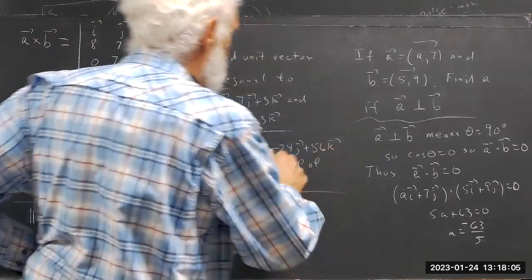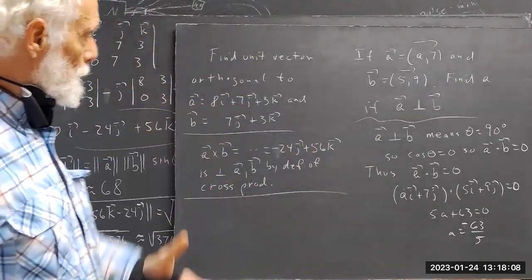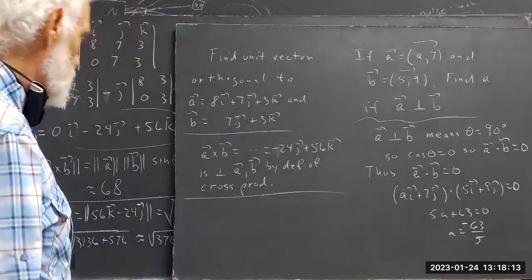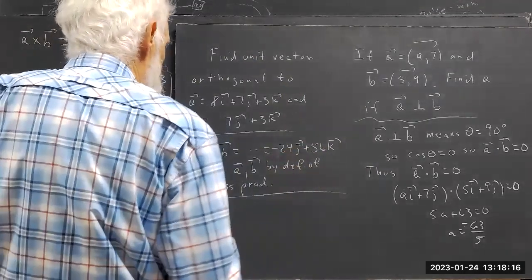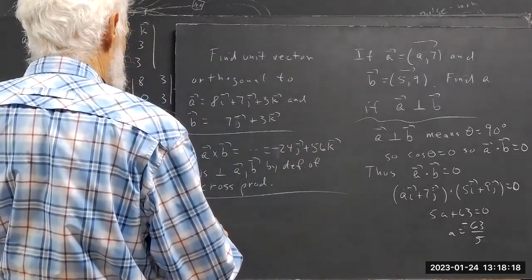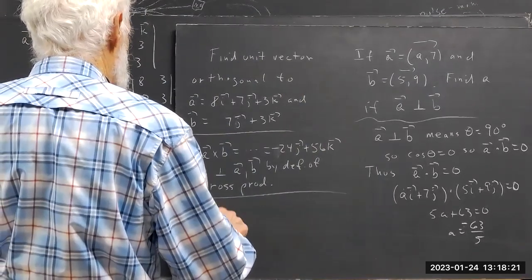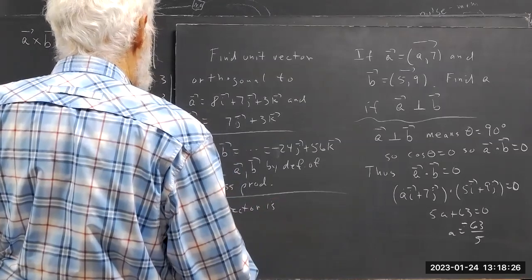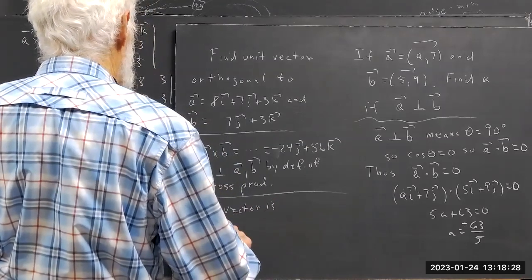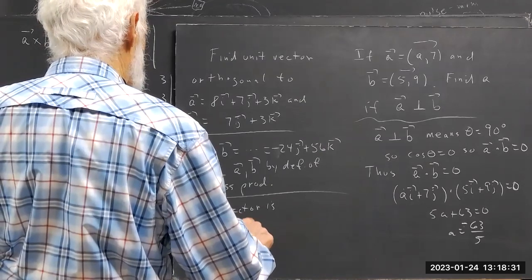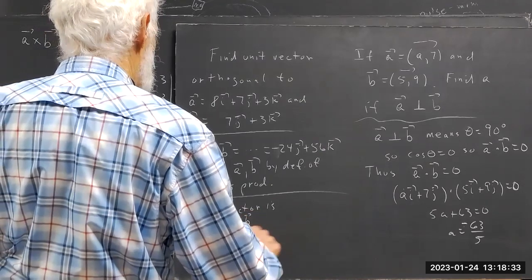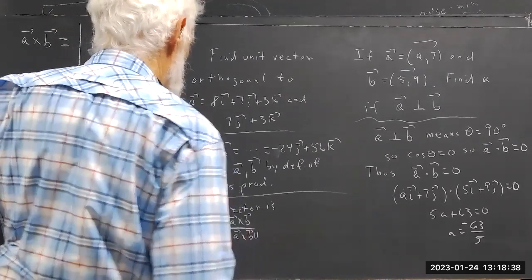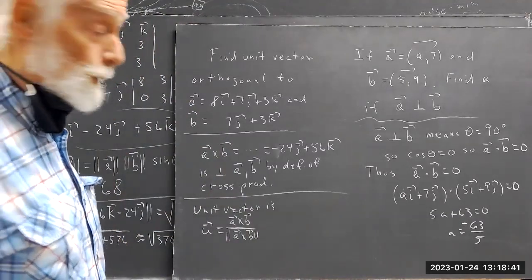If we wanted to find the angle, we could use that, the product of magnitudes, the inverse sine. Or do the dot product and all that stuff. Okay, so anyhow, then the unit vector, call it U, is the cross product divided by the magnitude of the cross product.